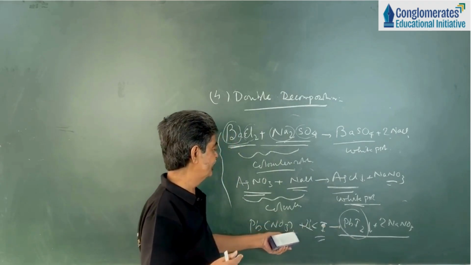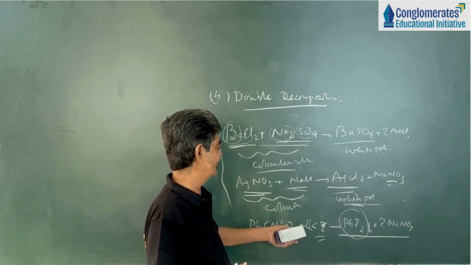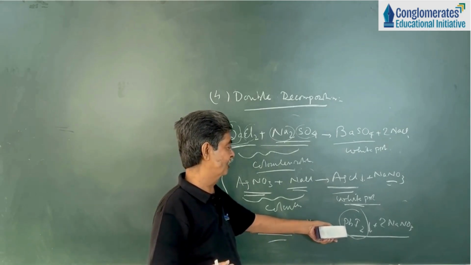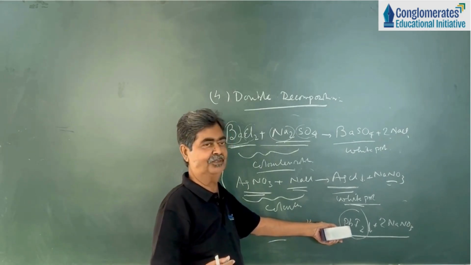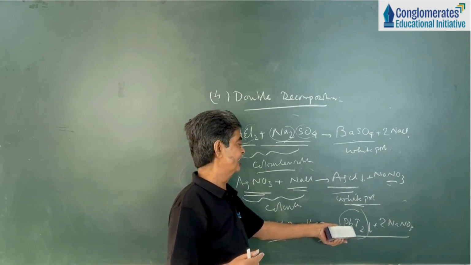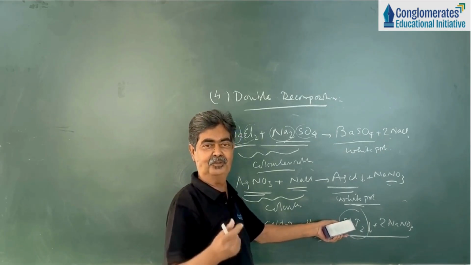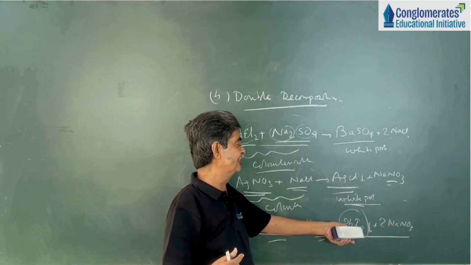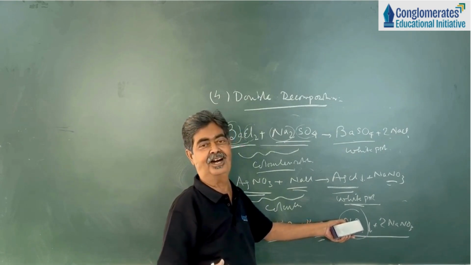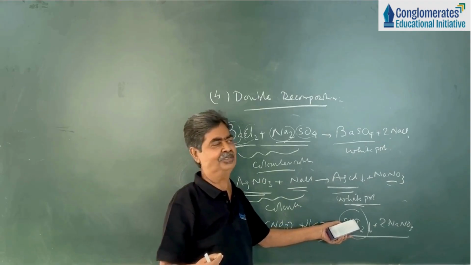So this reaction is important because it is a very colorful reaction. Both are colorless, but when they mix together you get a yellow precipitate, and when this is heated with water it gradually dissolves to form a colorless solution again. When cooled under the tap, we get shiny golden crystals, known as artificial gold. It just looks like gold, but since it is artificial, it is called artificial gold.